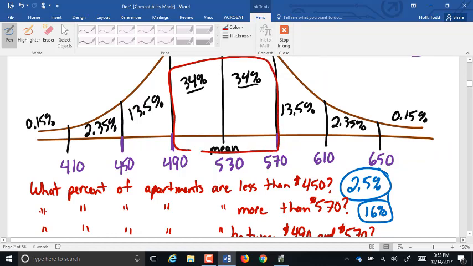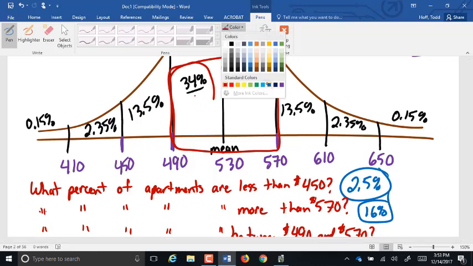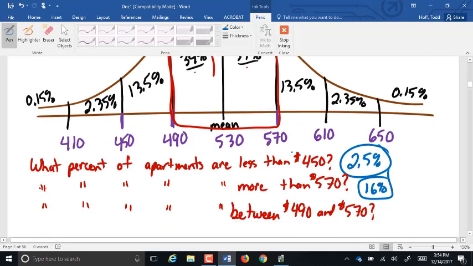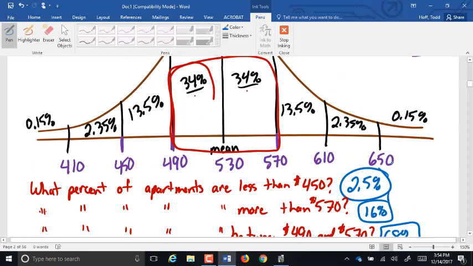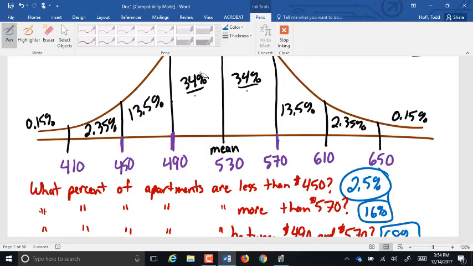This is 570. We add up those percents in between there. 34 plus 34 adds up to be 68%. So 68% of apartments we would expect to be between the $490 and $570 per month. Does that make sense? Any questions on the empirical rule?